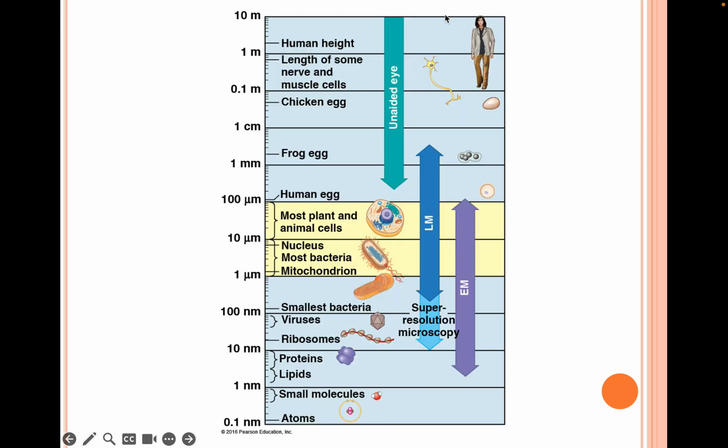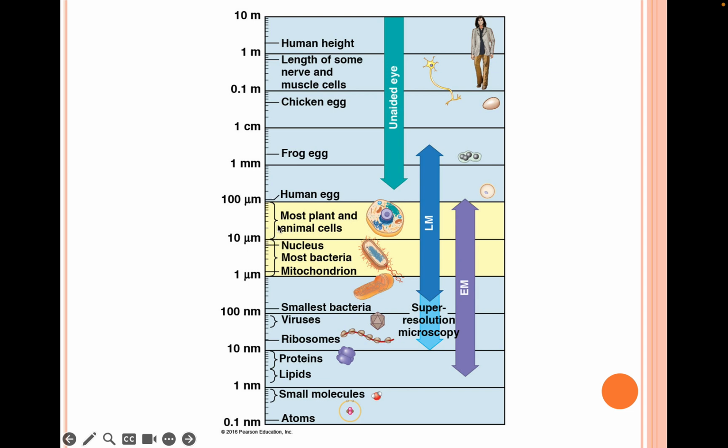Here's a good scale to compare size. So, we measure human height in meters. The length of some of your nerve cells could also be close to a meter in length. A chicken egg, you'd probably measure in centimeters. A frog egg in millimeters. A human egg is probably something you'd measure in hundreds of micrometers.